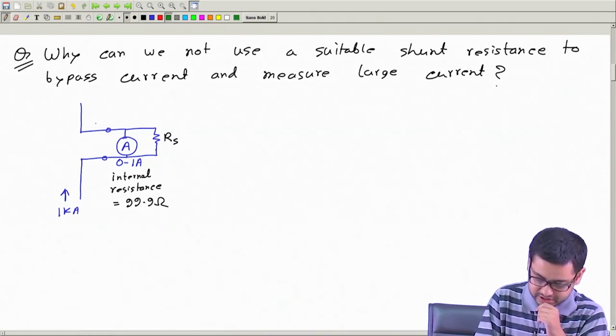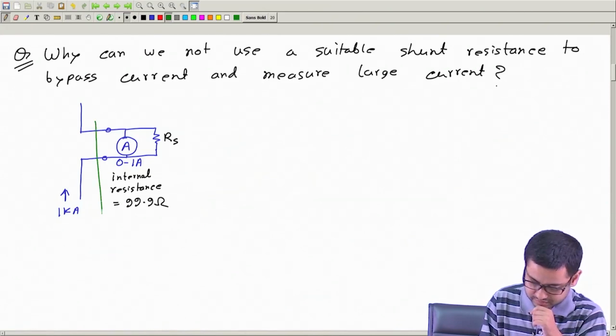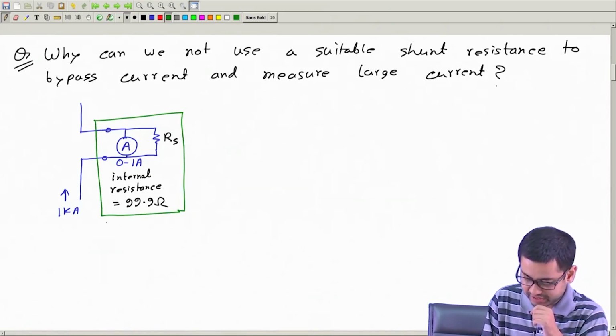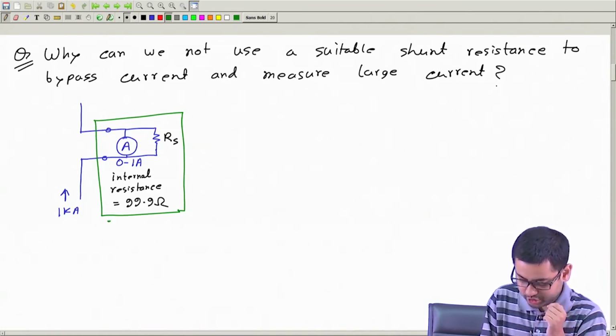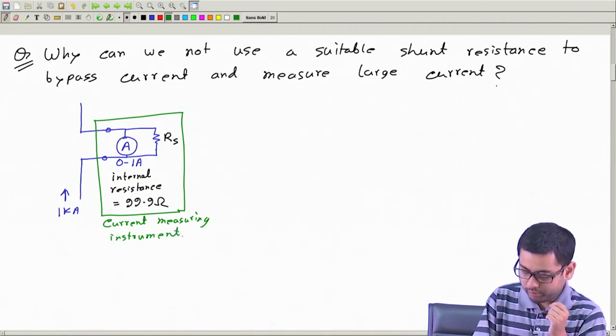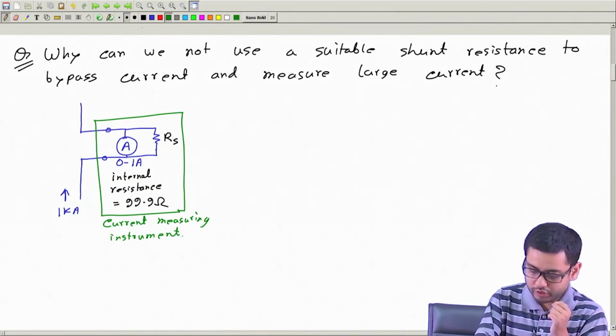Here these two together form the measuring instrument, which is composed of a 1 ampere ammeter with a suitable shunt resistance. How can we compute the value of the shunt resistance?